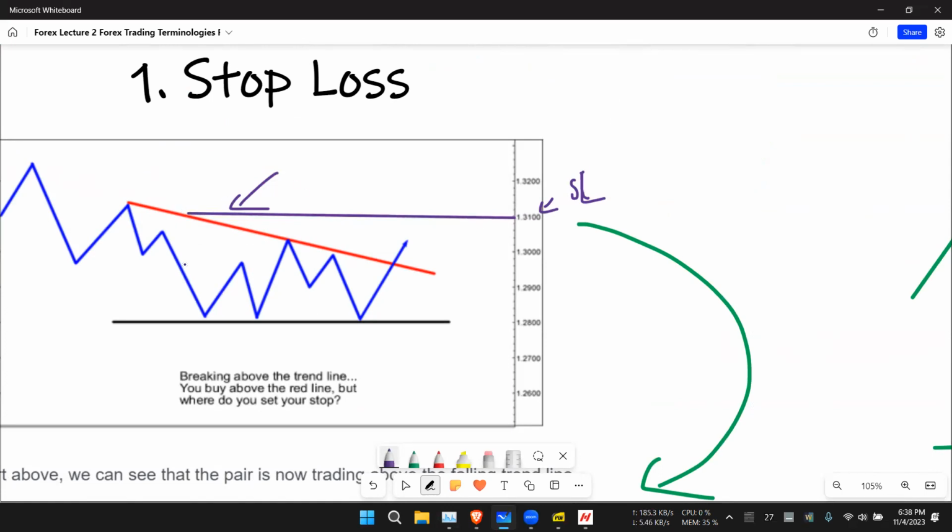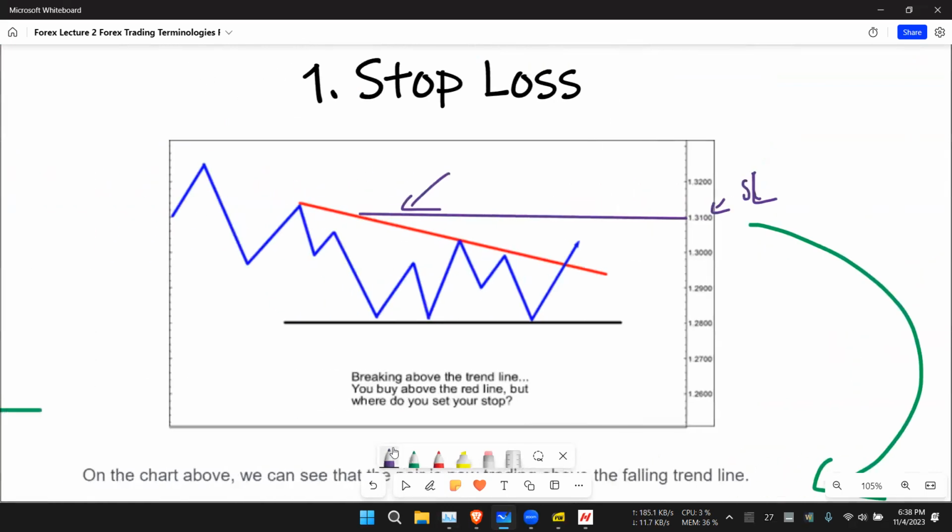I've opened a trade somewhere here, and I wanted the trade to get me a lot of profit. But the thing that happened was the trend line was going down and down, and we don't want our profits to be lost.